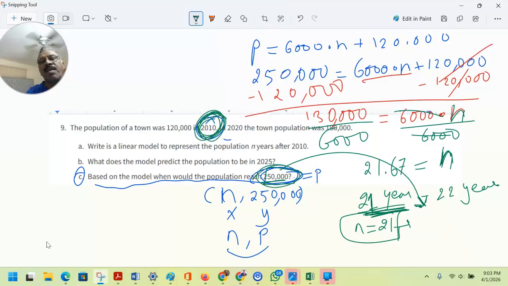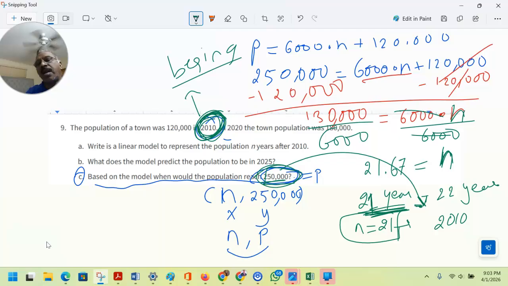The population will be this, but then we need to know which year that is. So 2010 is the beginning year. That's when we started checking on the population. And then you just add that 21 right here. And if you add this, you get 2031. So in the year 2031, the population will be 250,000.